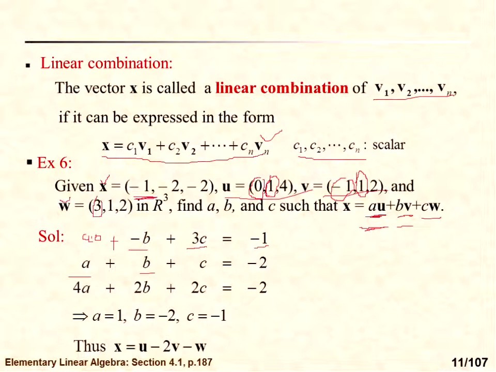The second element of v is 1, so I write b. Similarly, cw. The second element of w is 1, so it is c. And the right hand side second element is 2, so I write 2 over here.